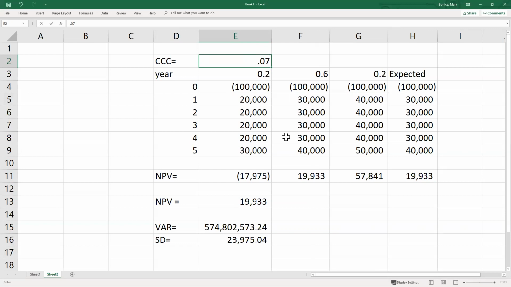And when I change this, because this is Excel and I've already programmed it to incorporate that 10%, you can see that my NPV goes from 19,000 to 30,000. Not only is it a viable and attractive project at 10%, but it's an even more viable and attractive project at 7%.